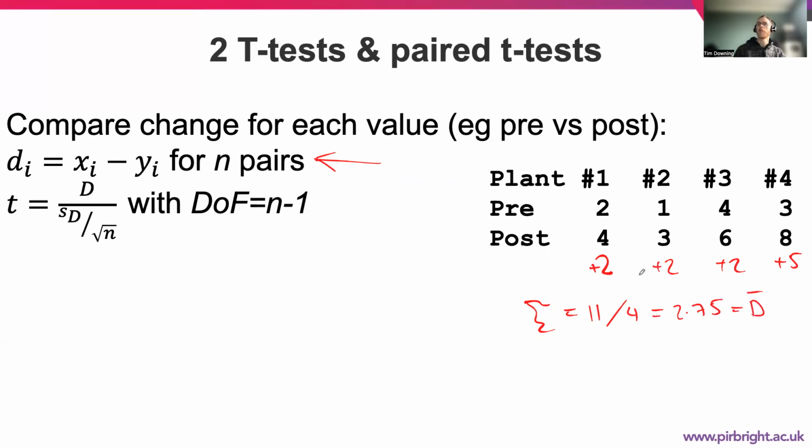In the same way, we get our variance and standard deviation for that as well. So we're using this formula. t is equal to 2.75 divided by the standard deviation of D divided by the square root of n, where n equals 4 in this instance.